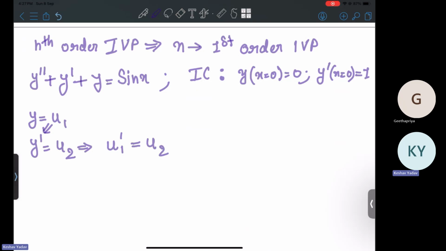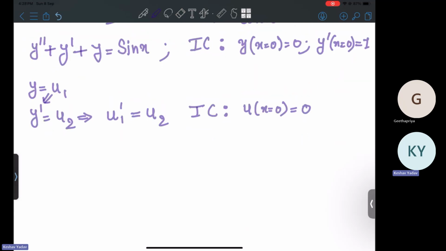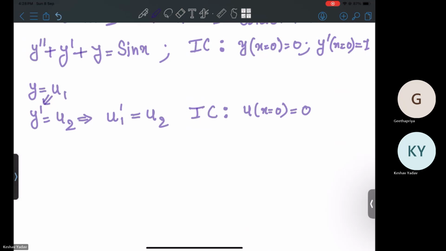And the initial condition for this equation will be u1 at x equal to 0 is 0. For the second equation, simply put y prime equal to u2 here: u2 prime plus u2 plus u1 will be equal to sin x.